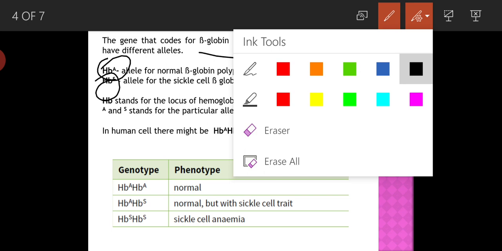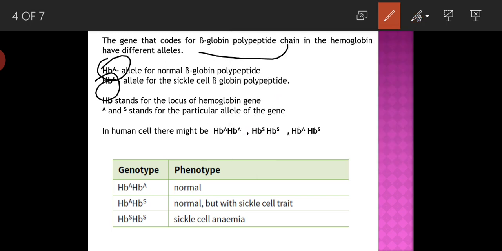In human cells, these genes form three types of genotype. HbA HbA, which is the genotype for a normal person, a person who doesn't have sickle cell anemia. HbS HbS, which is the genotype for a person who is sick with sickle cell anemia.